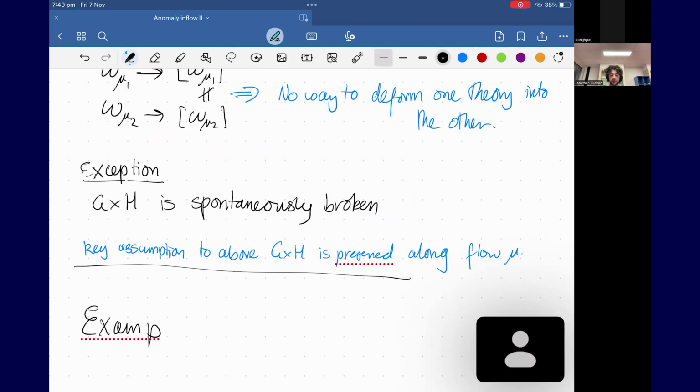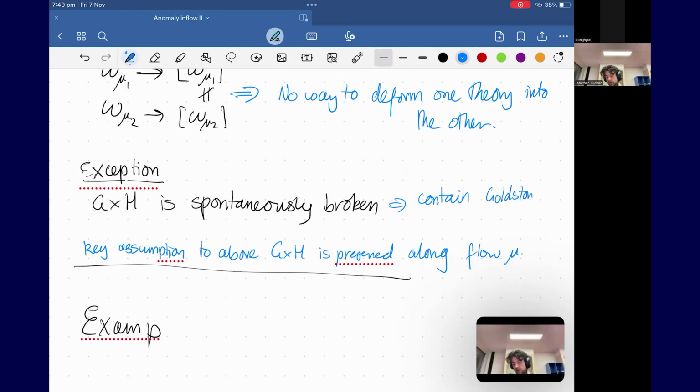If you get a massless Goldstone mode, then it's gapless. It's going to contain, good point, Goldstone modes, which implies non-trivial gapless physics, contrary to the above analysis.